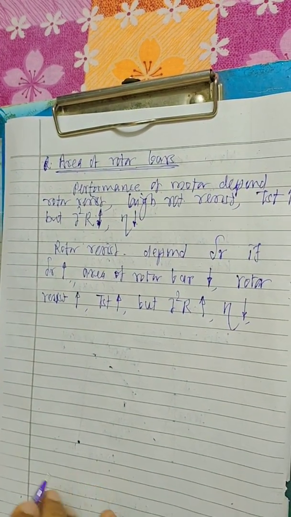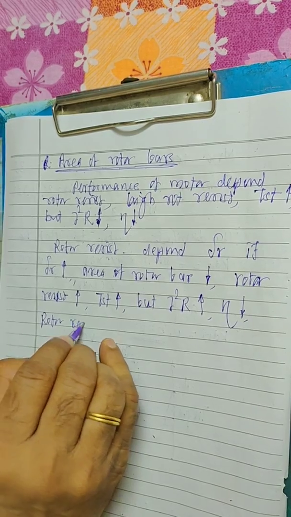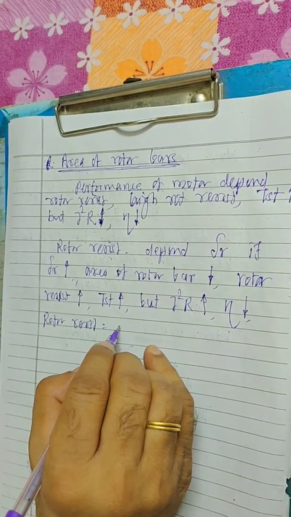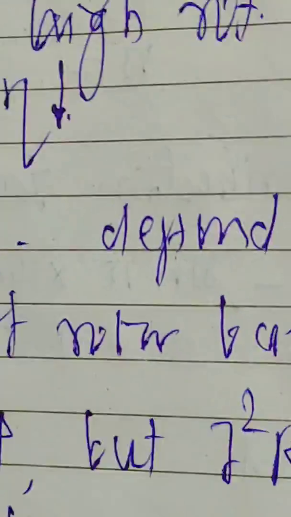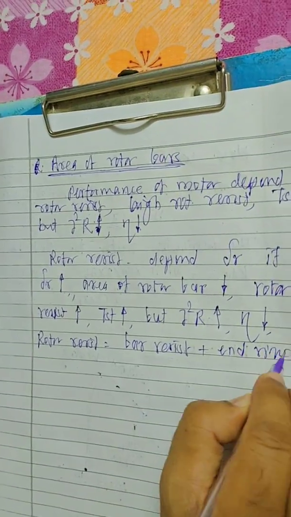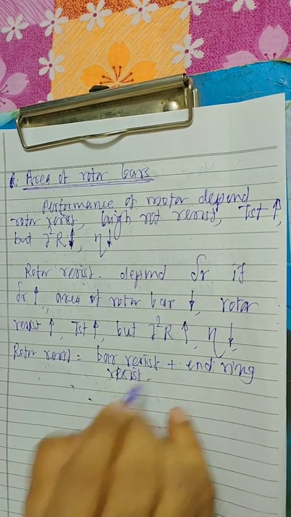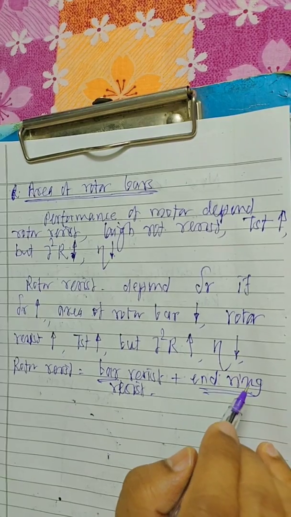Generally, rotor resistance is bar resistance plus end ring resistance.